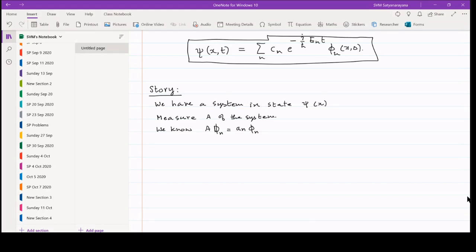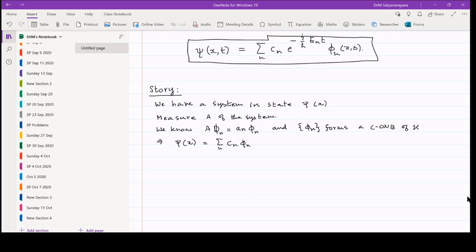That means these are the eigenstates of A, and phi n forms a complete orthonormal basis of the state space H. This implies I can write psi of x is equal to the sum over n of Cn phi n.